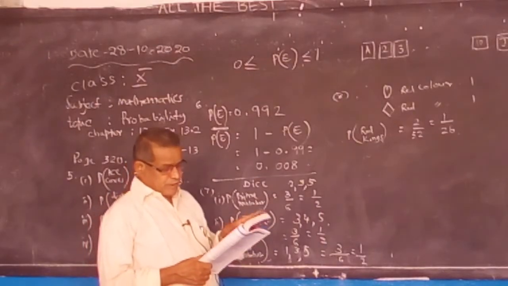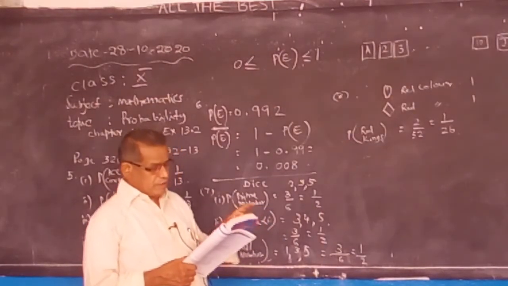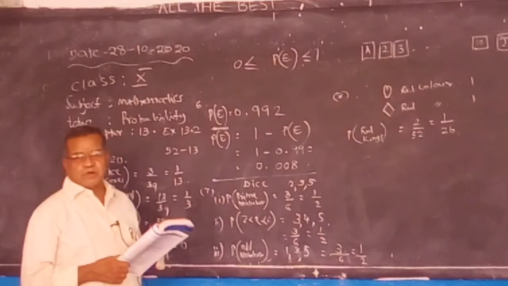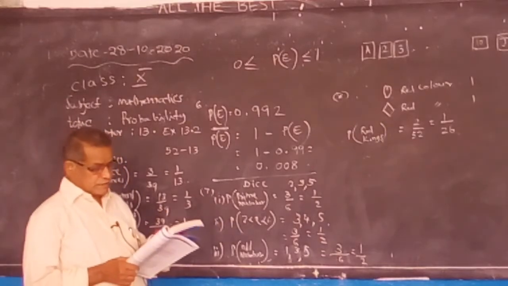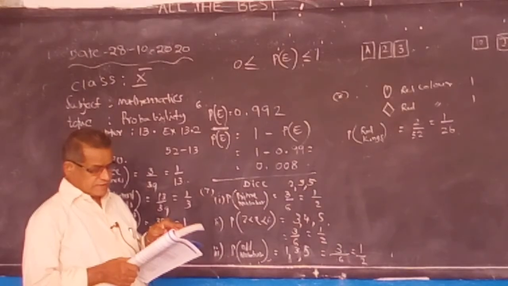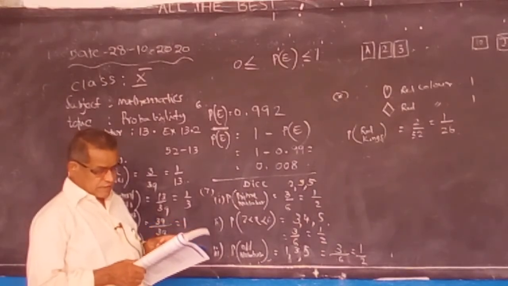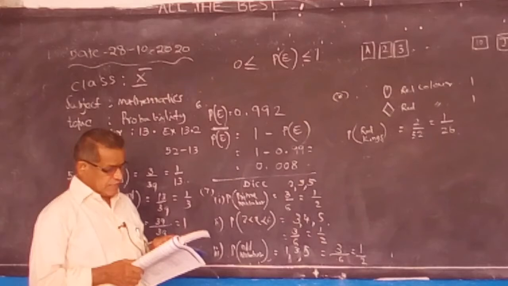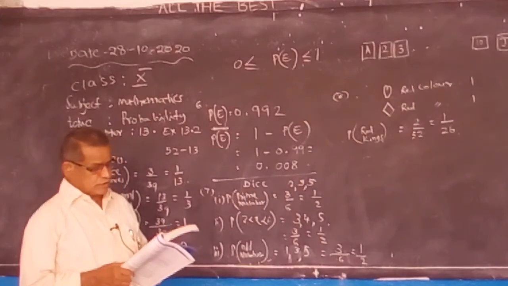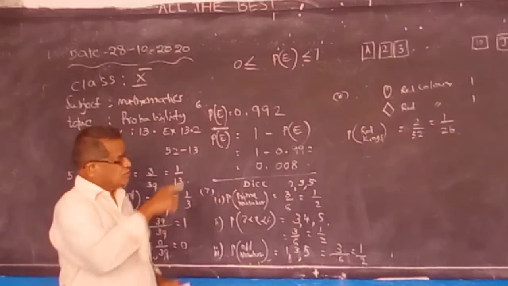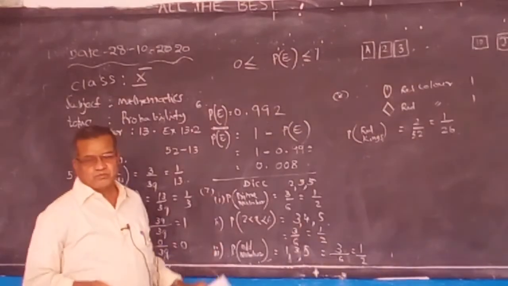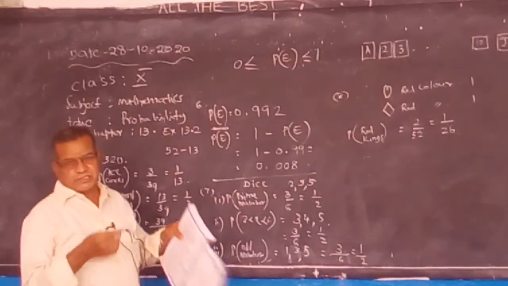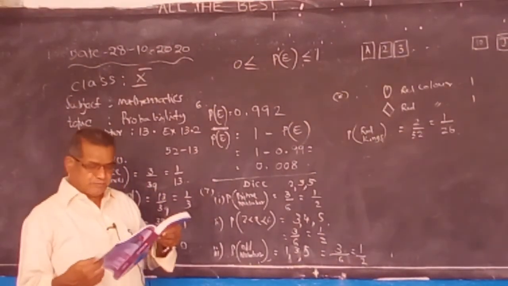So you have to prepare by reading these problems. Prepare 5 more questions of this kind using dice, cards or birthdays, and discuss with friends and teacher about their solutions. You have to write such questions on your own by reading these problems and examples, right?